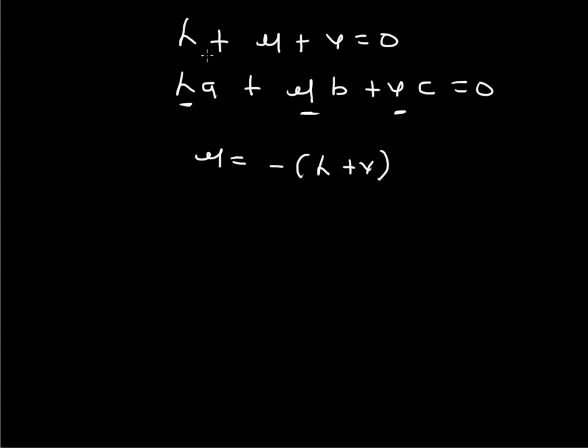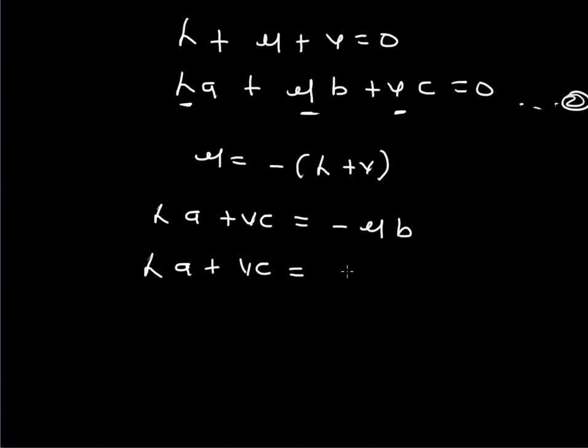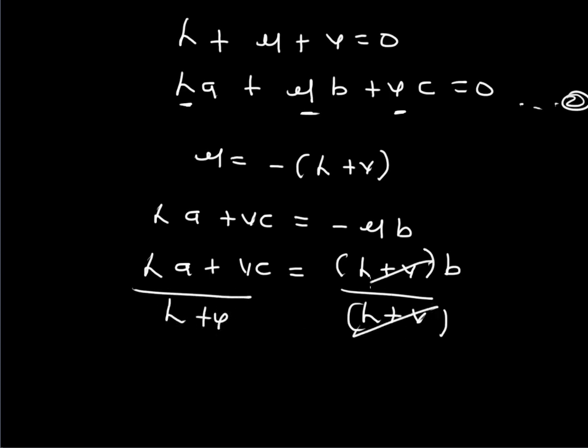Now, in equation 2, we obtain lambda A plus nu C equal to negative mu B. Since mu is equal to negative lambda plus nu, this is equal to lambda plus nu multiplying the vector B. We can divide by lambda plus nu, and we obtain B equal to lambda A plus nu C all over lambda plus nu.